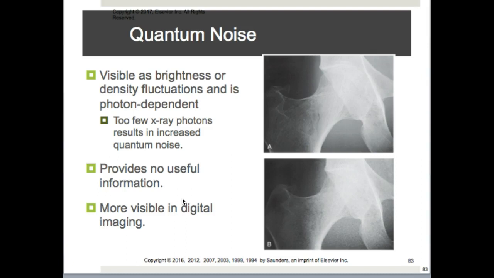All right, so quantum noise. It's visible as brightness or density fluctuations and is photon dependent. Too few X-ray photons results in increased quantum noise. So it has no useful information. You're missing information. It's more visible on digital imaging.